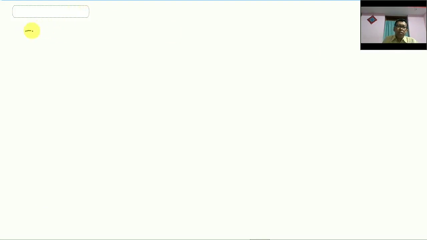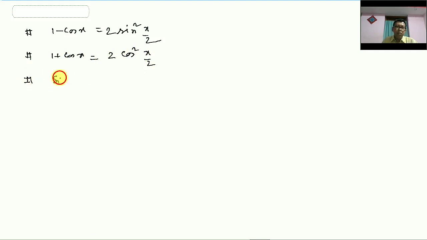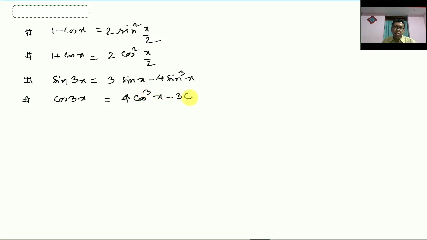So the first formula of trigonometry is 1 minus cos of x is equal to 2 sin square x upon 2. Next, 1 plus cos of x is equal to 2 cos square x upon 2. Next, sin of 3x is equal to 3 sin x minus 4 sin cube x. Next, cos of 3x is equal to 4 cos cube x minus 3 cos x.